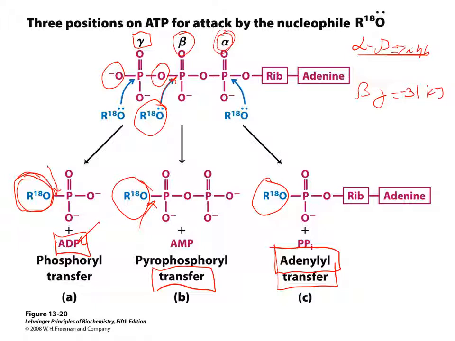But besides having the large minus 46 kilojoules per mole, the generation of pyrophosphoryl can undergo further decomposition into inorganic phosphate and release additional 19 kilojoules per mole of energy.